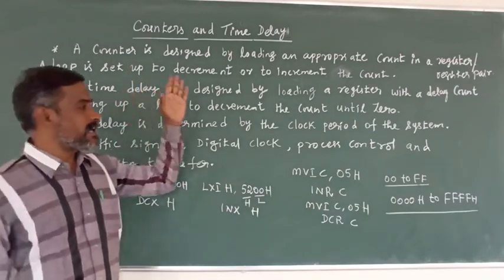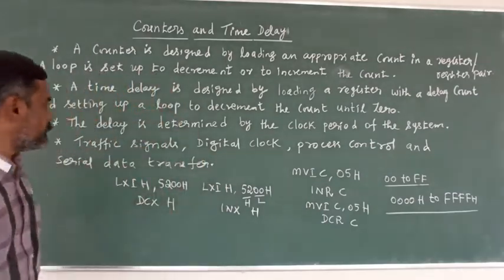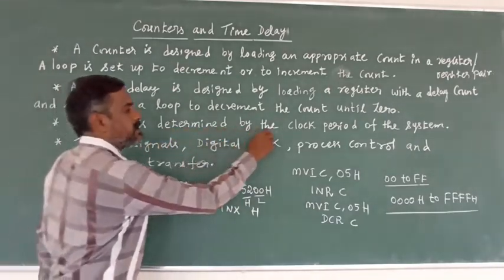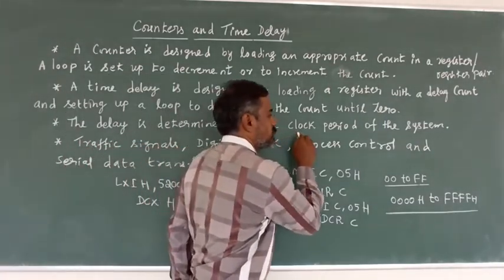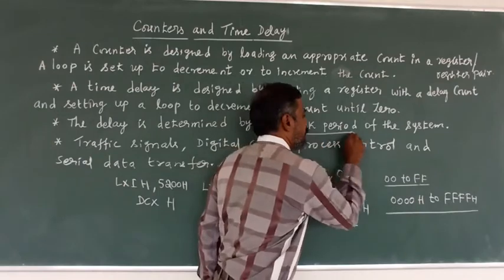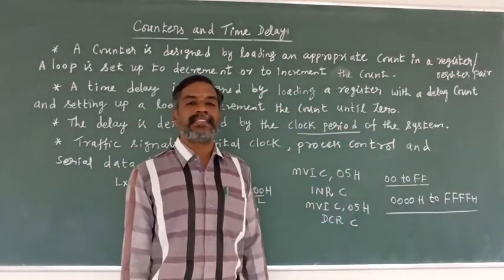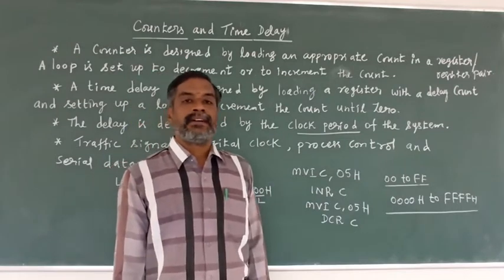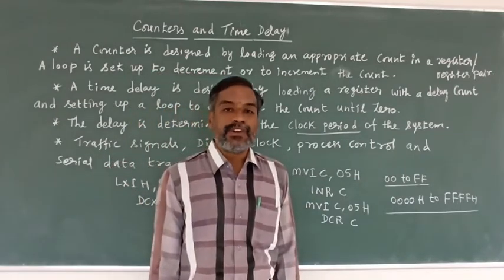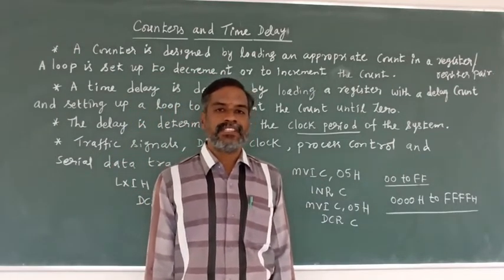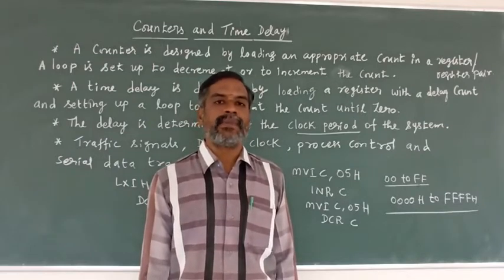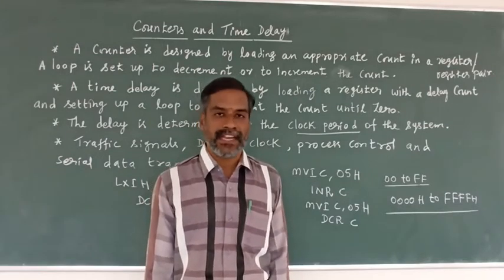Now the time delay depends upon the microprocessor clock period. The clock period is related to the clock frequency. The clock frequency of the 8085 microprocessor is 3 MHz.